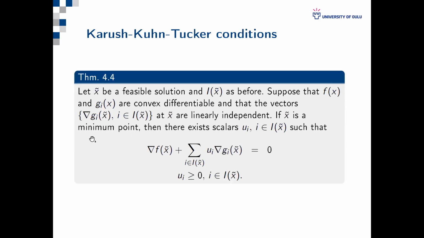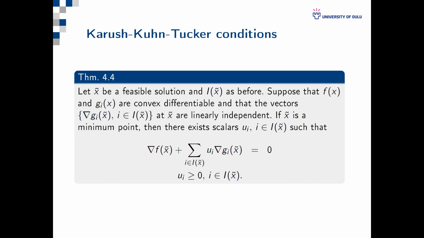So let x tilde be a feasible solution. The index set I(x tilde) is the set of active constraints. And of course, for simplicity, we assume that f and the g_i's are convex differentiable functions, and that the gradients of the constraint functions at the point x tilde, only those which are active, are linearly independent.